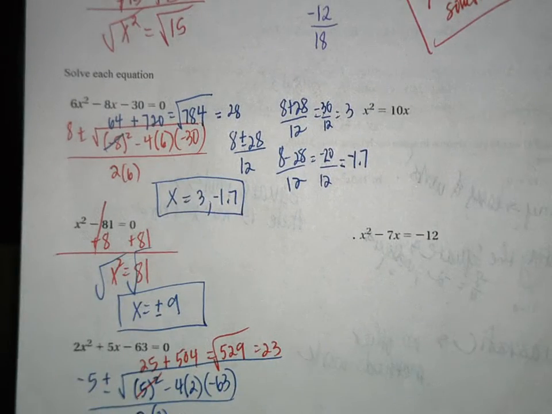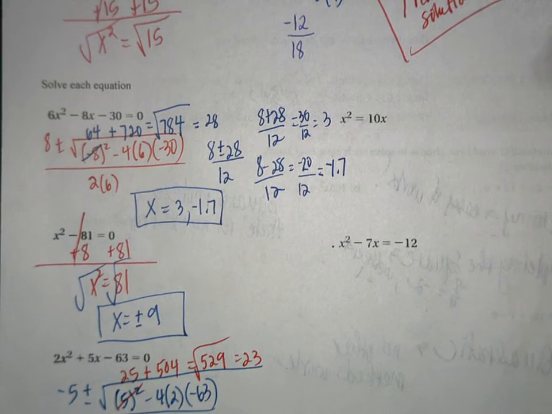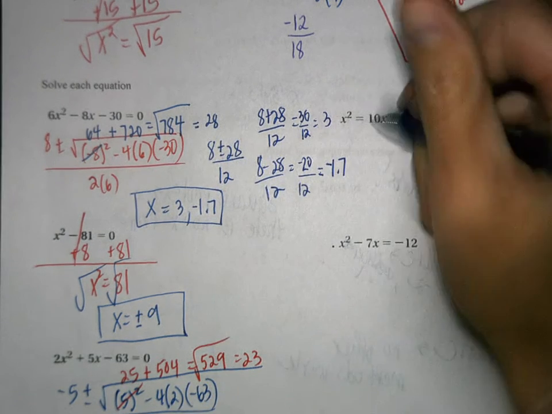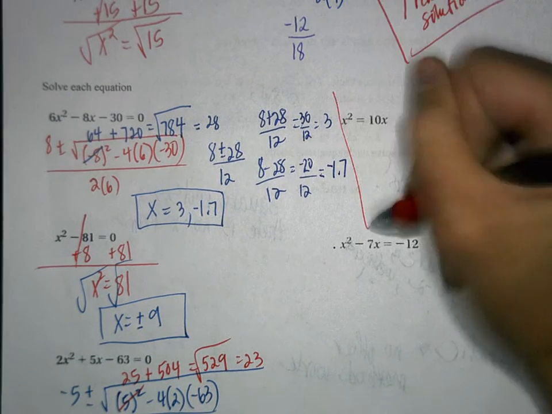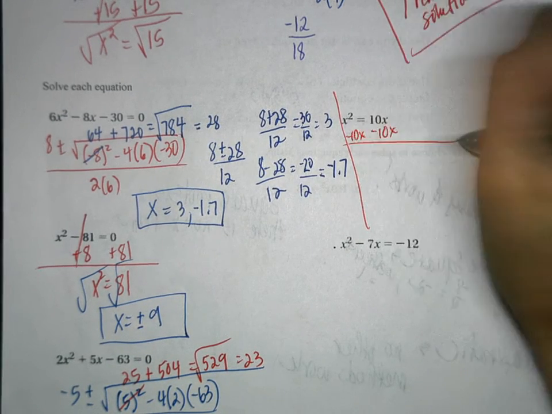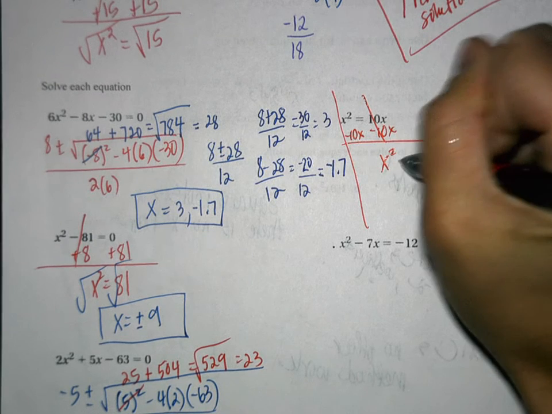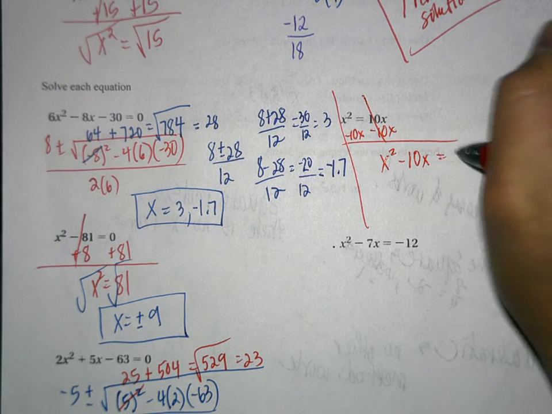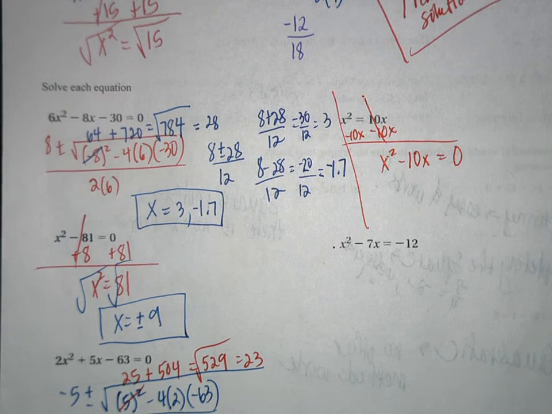Okay. What am I going to do on this one? If I take the square root of 10x, that's not going to help me. Okay, so what should I do? Set it equal to 0. Okay? And so I'm going to subtract 10x from both sides. This cancels. I have x squared minus 10x equals 0. Now, you could use the quadratic formula.